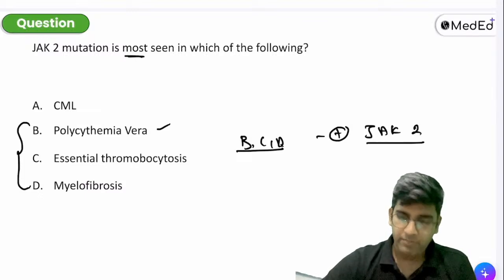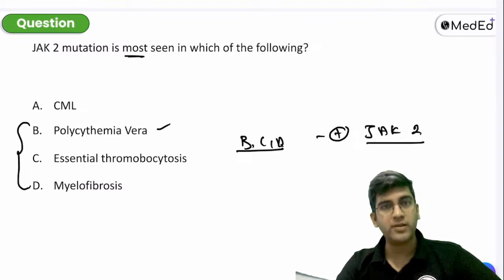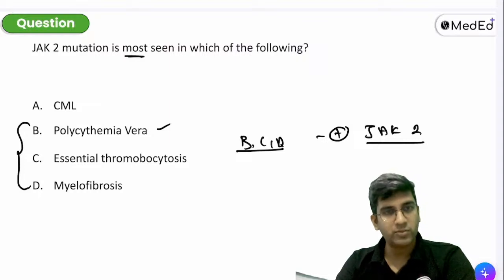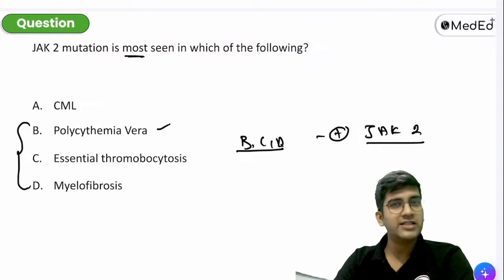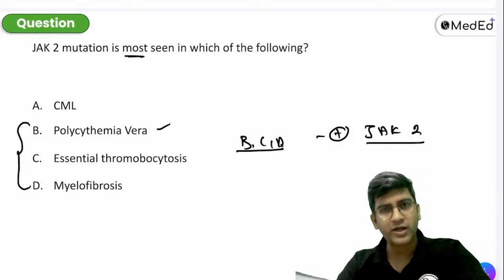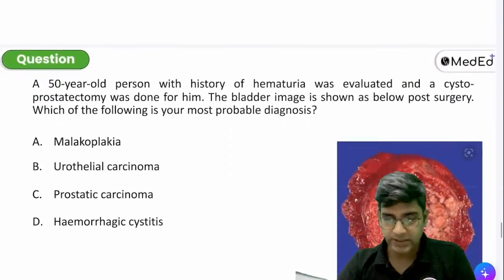But polycythemia vera is positive in close to 100% of the cases. That's most common. Polycythemia vera, essential thrombocytosis, myelofibrosis, all of them are positive for JAK2. The other two are a little bit less in incidence. Fine. So one line again, we discussed this before.